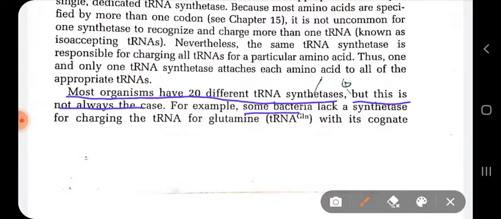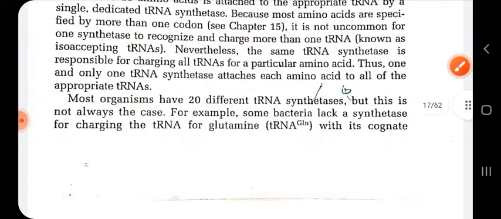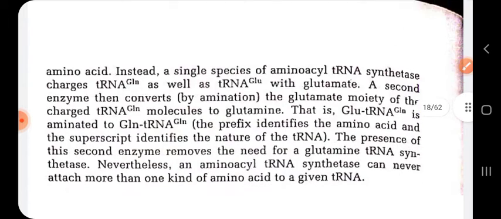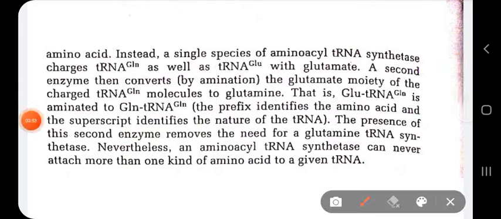Some bacteria do not have an amino acyl tRNA synthetase for charging the tRNA for the glutamine amino acid with its cognate amino acid. Instead, there is a specific amino acyl tRNA synthetase that charges tRNA glutamine as well as tRNA glutamate.